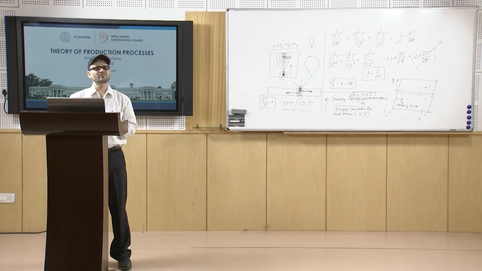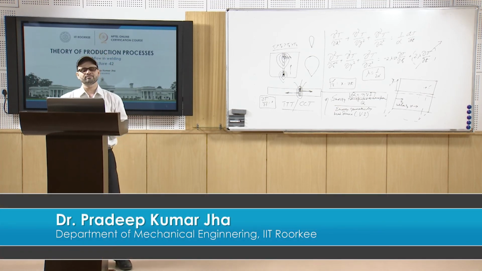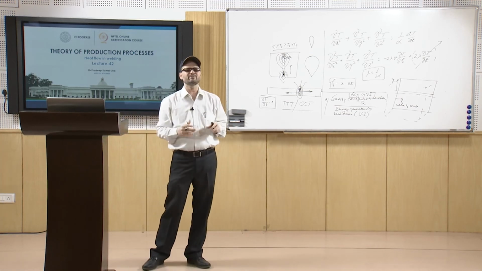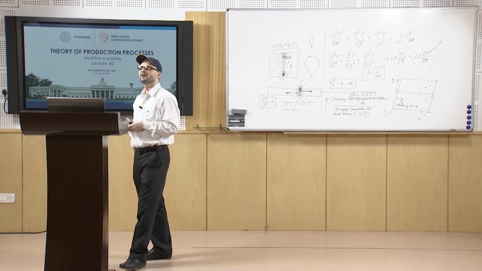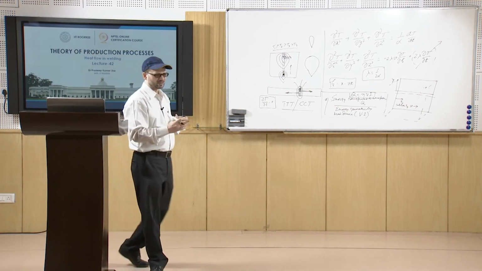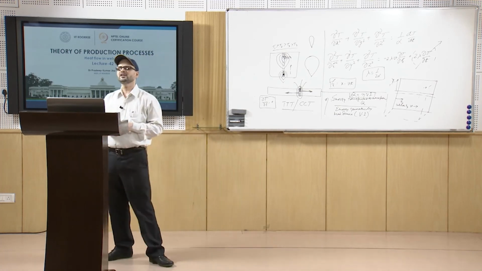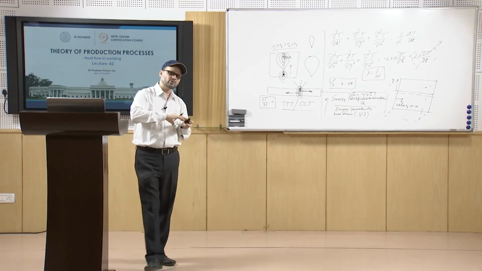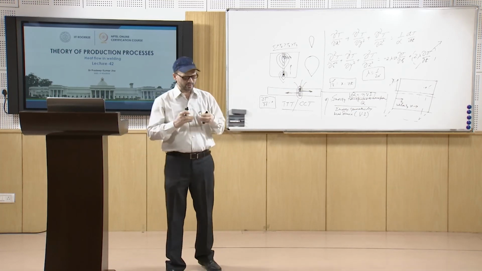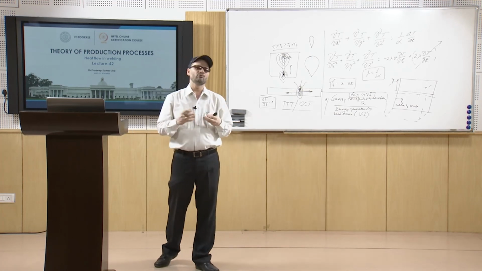Electroslag welding is reported at 55 to 82 percent. Electron beam welding is reported from 80 to 95 percent efficiency. Laser beam welding starts from 1 and goes to even 70 percent. Oxyacetylene welding is from 25 to 80 percent, again depending upon the different parameters. This way the efficiencies of the heat sources vary.